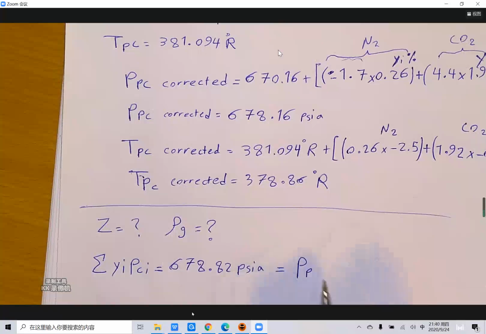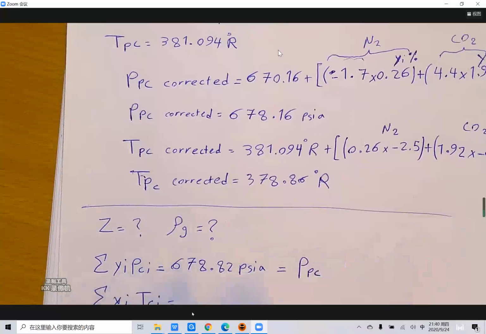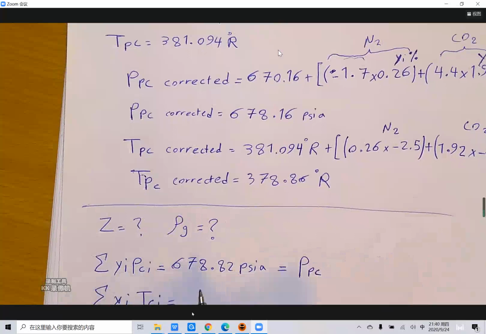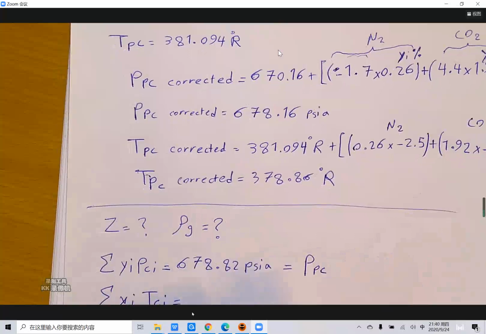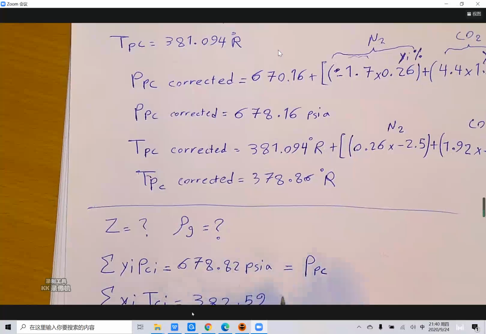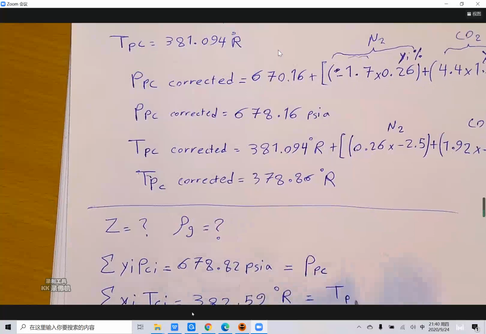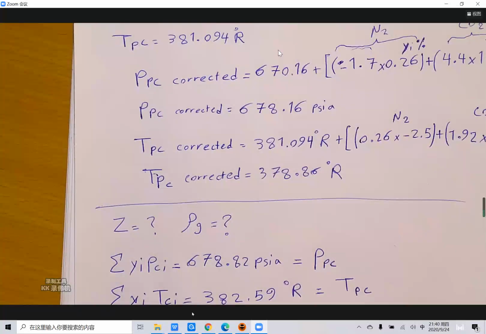And the sum of all the critical temperatures multiplied by the mole fraction gives us 382.59 Rankine. That is the pseudo-critical temperature. Now we have to find the pseudo-reduced pressure and pseudo-reduced temperature.